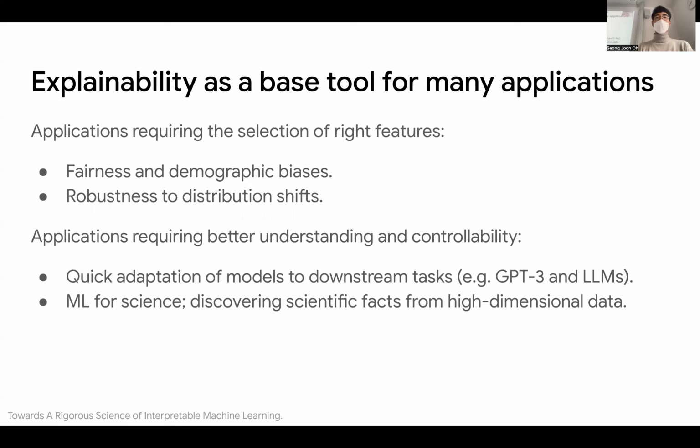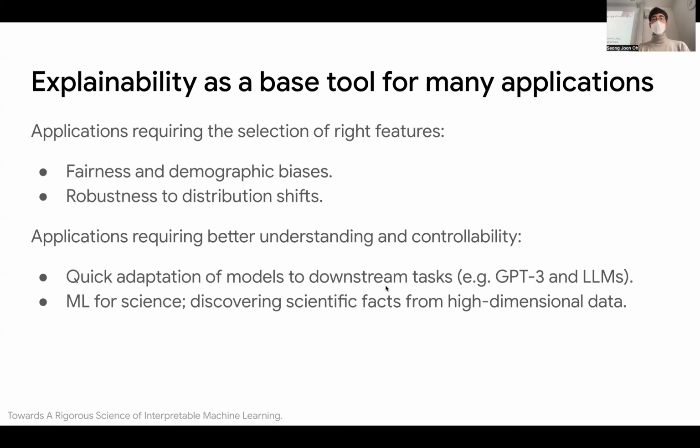So explainability, in a sense, can be used for a lot of applications. For example, choosing the right features for fairness or demographic biases, or robustness to distribution shifts, or being able to control some large systems better, such as GPT-3 and large language models.